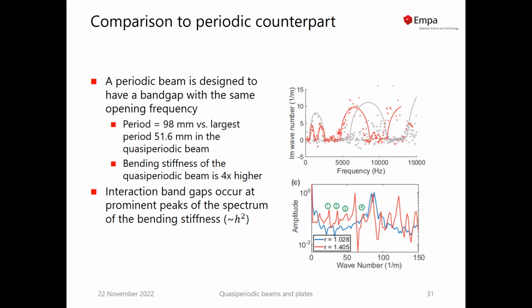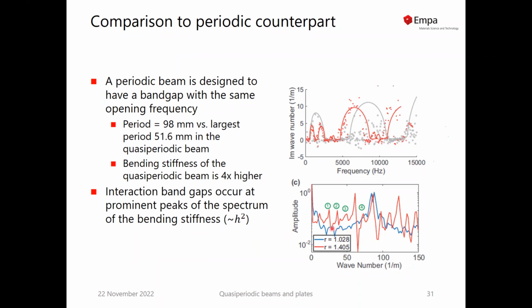But all in all, these interaction band gaps don't seem to be very bad. Where do they come from? Well, we're talking about bending waves, and the bending stiffness of a beam is a function of the thickness squared. So we basically have to look at the reciprocal space of the bending stiffness of the thickness squared.